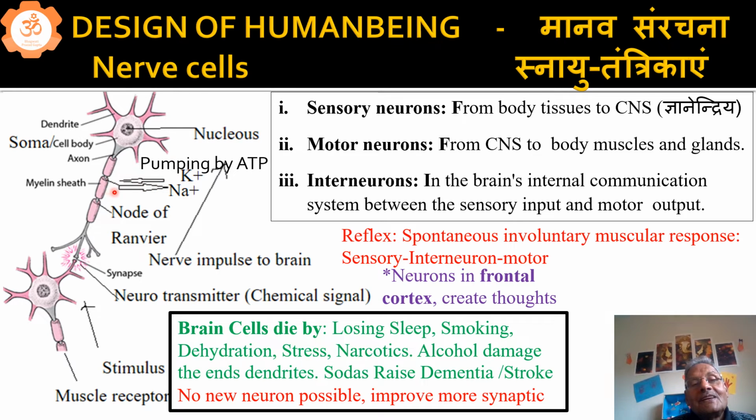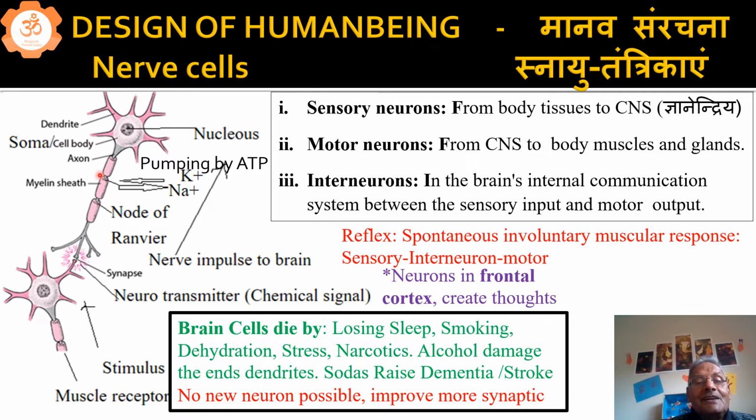Say sodium ions are coming out. Say 3 sodium ions are coming out in the resting position and 2 potassium ions are going in. Why so? Because sodium ions have 11 protons, while potassium ions have 19.